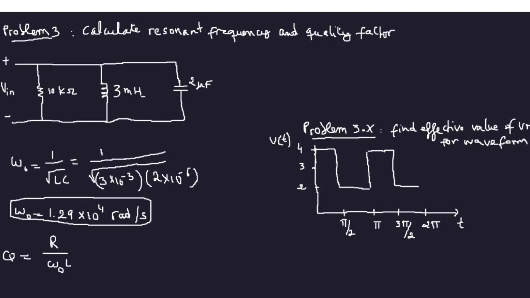It's the opposite, actually. So Q is equal to omega 0 L over R. Omega 0 was already calculated as 1.29 times 10 to the 4, times L which is 3, over 10k, 10,000.